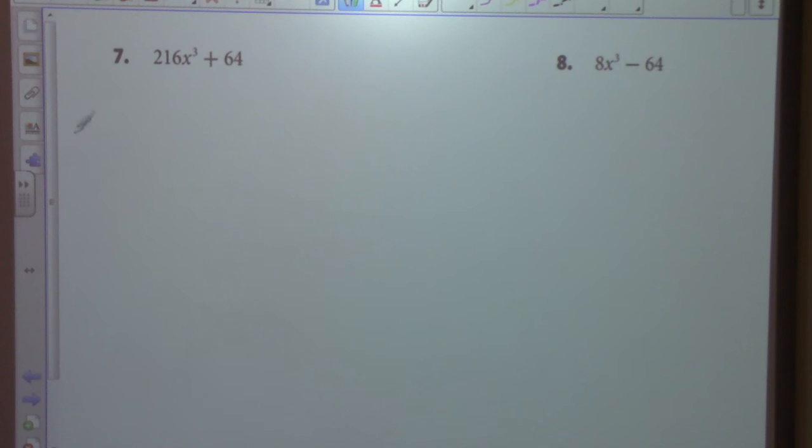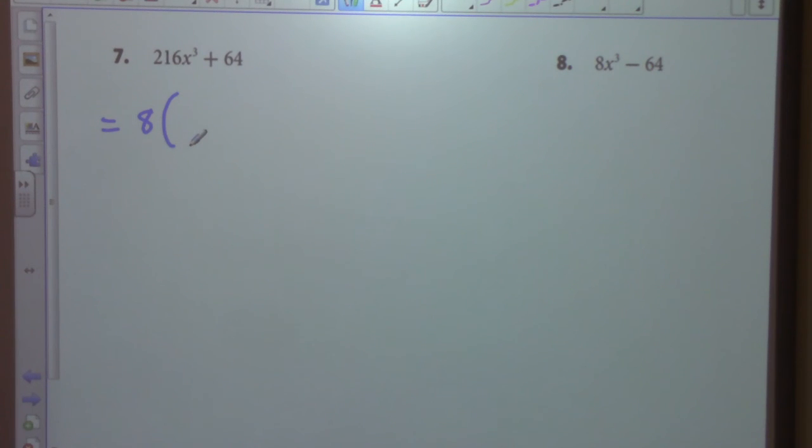What is that going to be? Okay, I'll give you a hint. Greatest common factor is going to be 8. So now the next question is, what times 8 equals 216?